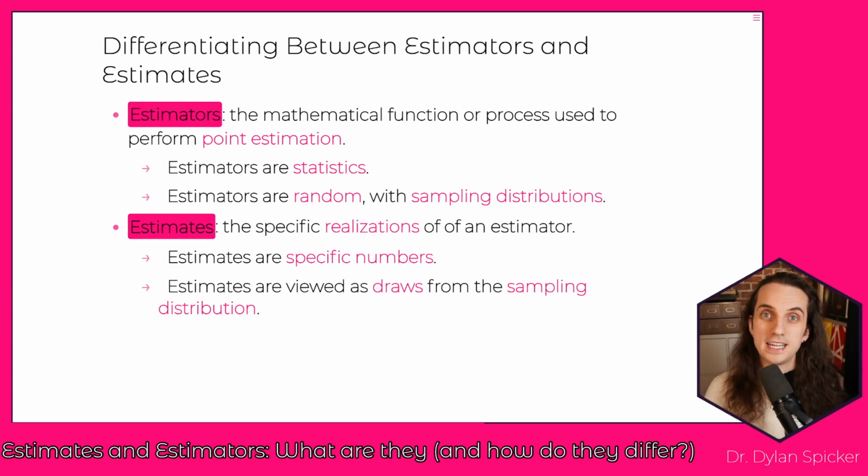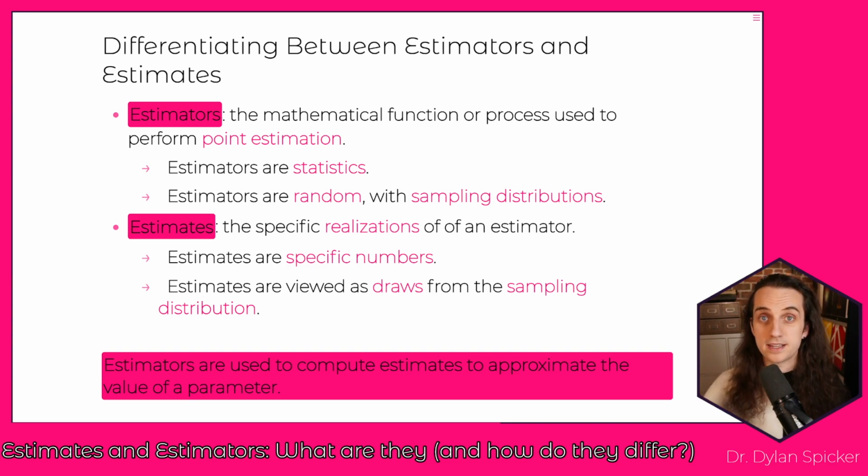And because of that, the estimate is contingent on the specific sample that we happen to see. If you get a different sample, you're going to get a different estimate. And so the estimator stays the same. It's just the process. It has some distribution, but your estimates change every single time that you take a different sample. So estimators are used to compute estimates in order to approximate the value of a parameter. Estimators are the function. Estimates are the specific values.